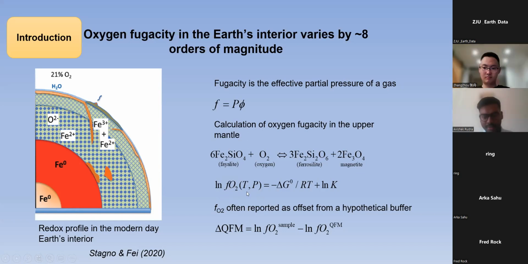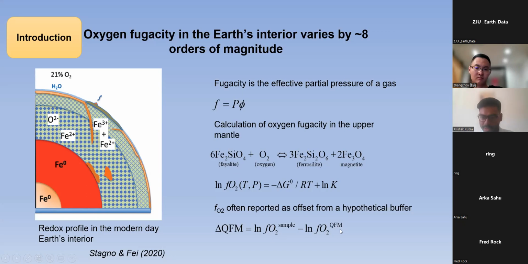Notice that the oxygen fugacity is written as a function of temperature and pressure. So the absolute oxygen fugacity of the system is a function of temperature and pressure. To reduce the effect of temperature and pressure on the absolute oxygen fugacity, what we oftentimes do is report oxygen fugacity as a delta value, like delta QFM, which is the difference between the oxygen fugacity of the system of our interest and the oxygen fugacity of a hypothetical buffer, such as QFM, quartz, fayalite, magnetite.